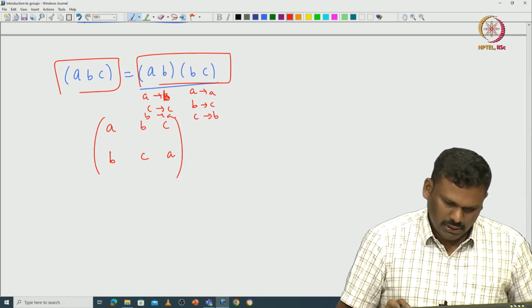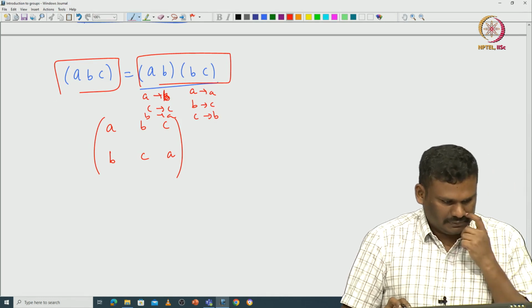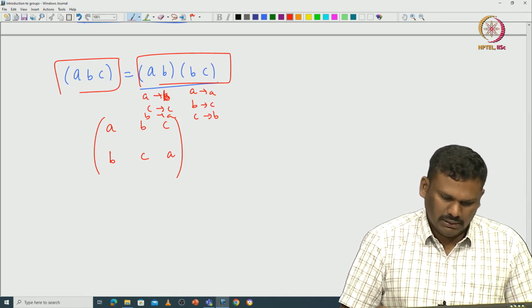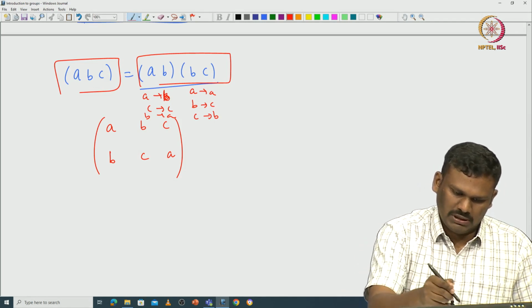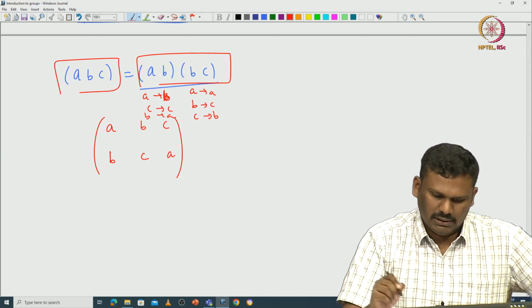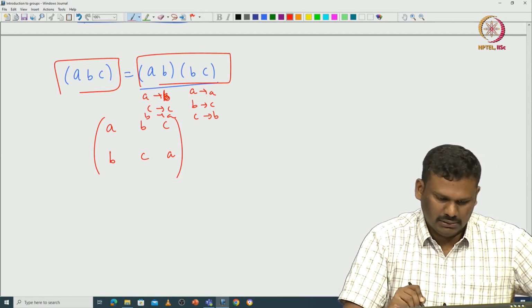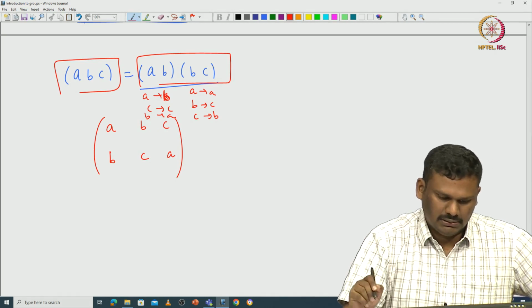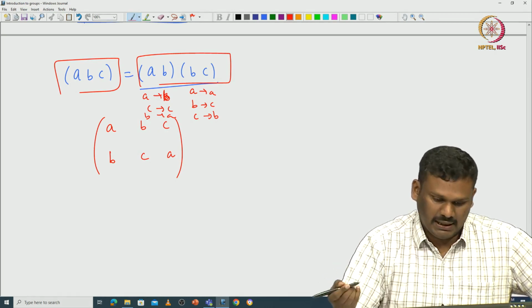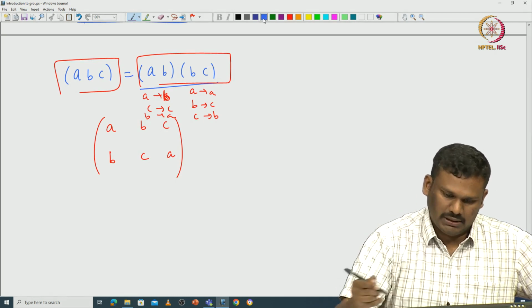So, if you take this 3 cycle, okay, which is a product of 2 transpositions, in particular it is there in An. And if you take another 3 cycle, because they have the same cycle type, they must be conjugate, okay.